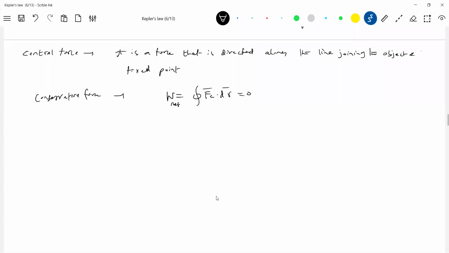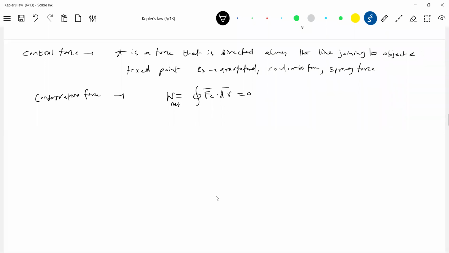So I suggest you just have an idea of central force here. Examples are gravitational force, Coulomb's force, spring force. These are all central forces.